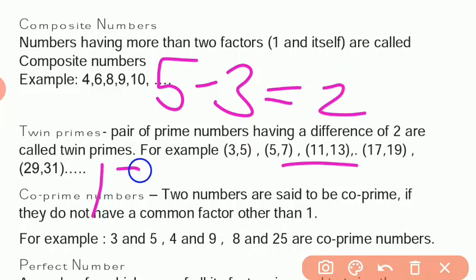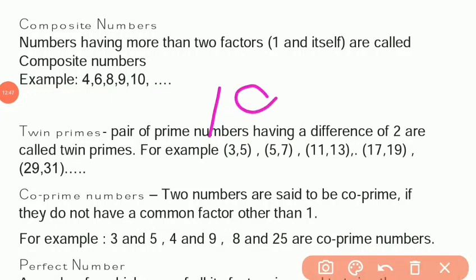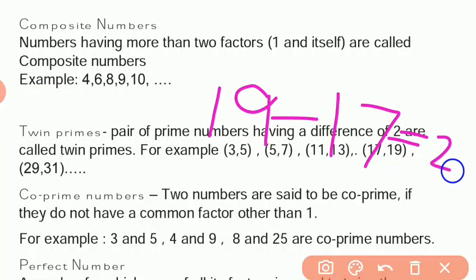Next example, 11, 13: 13 minus 11 is 2. Or 19 minus 17 is equal to 2. So twin primes are two prime numbers having a difference of 2, like 3, 5, 5, 7, 11, 13, 17, 19. This type of numbers are known as twin primes.